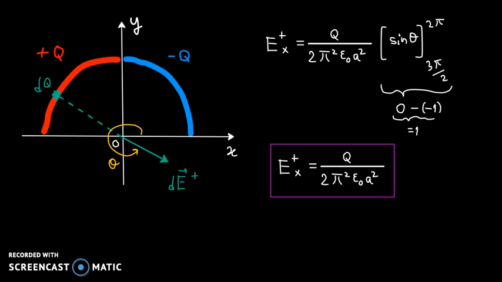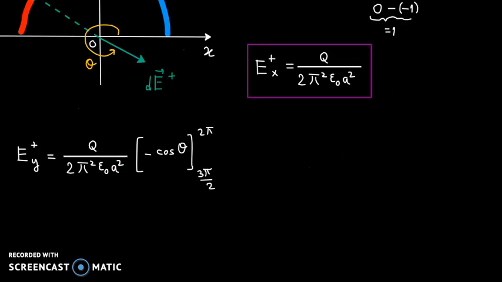Now let's go ahead and calculate the y component of the electric field due to positive charge distribution. Again, I copied my result from above for the y component of the negative charge distribution. The only thing I changed is the integral upper and lower bounds. Now theta runs from 3 pi over 2 to 2 pi. Let's calculate this.